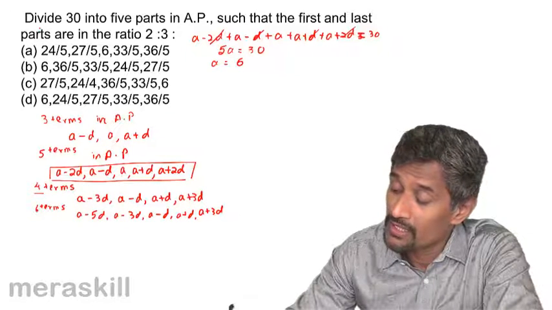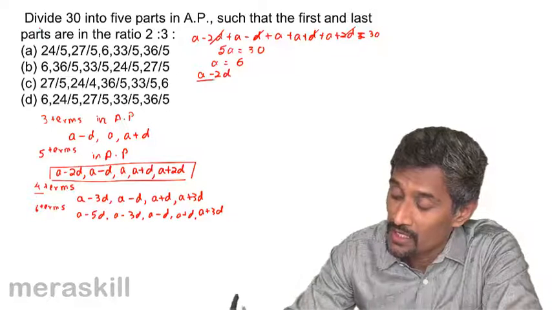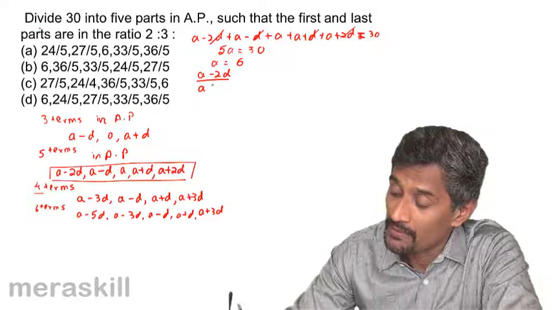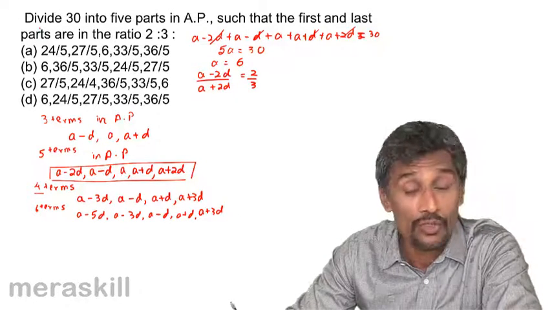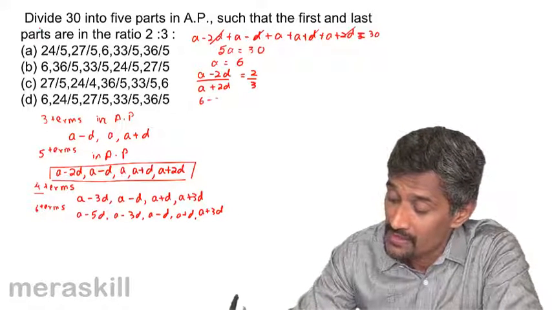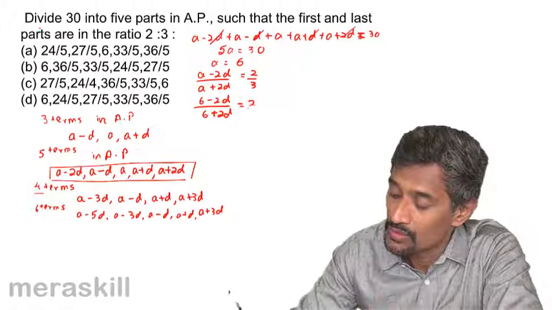It's also told that the ratio of the first part, a minus 2d, to the last part, a plus 2d, is 2:3. You can substitute the value, so you get 6 minus 2d upon 6 plus 2d is 2:3.